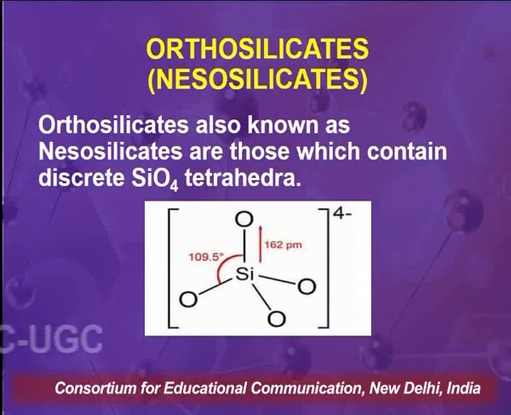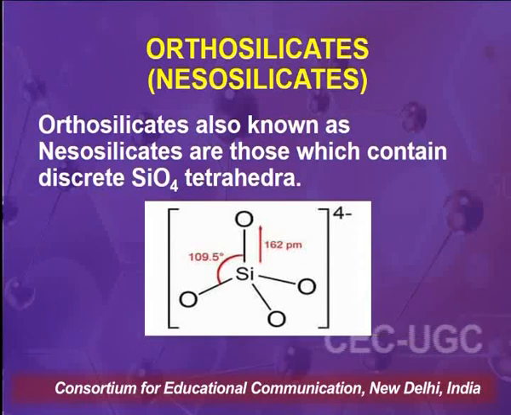So they are present singly, and this is the way in which we show the SiO4 tetrahedra in the figure, with the bond angle between the Si-O bonds and the bond length shown between Si and O.